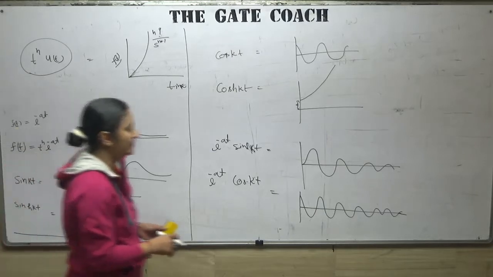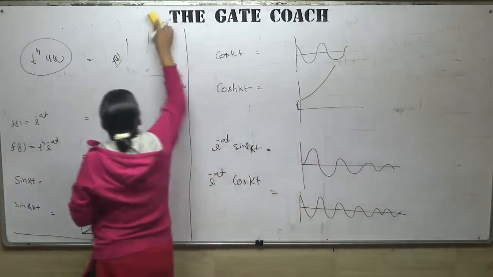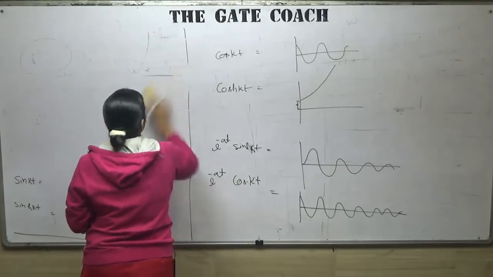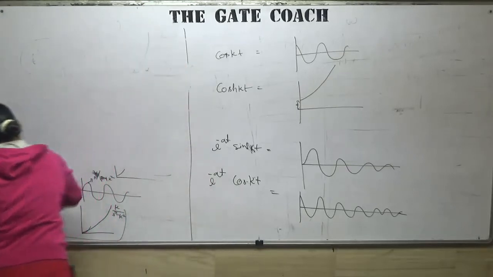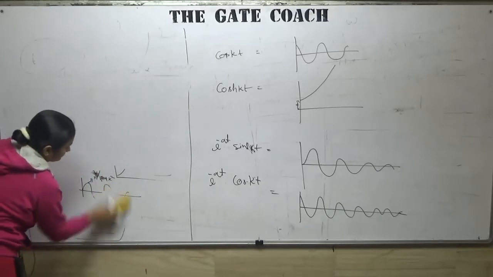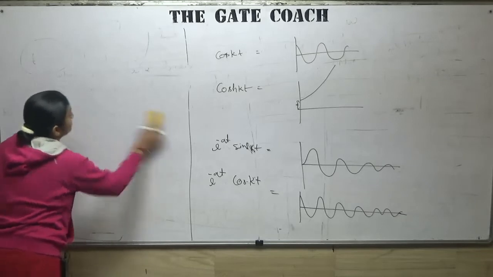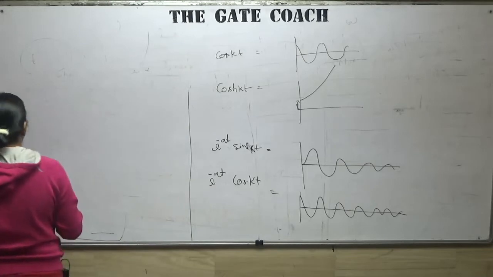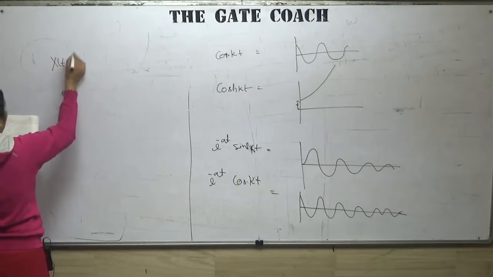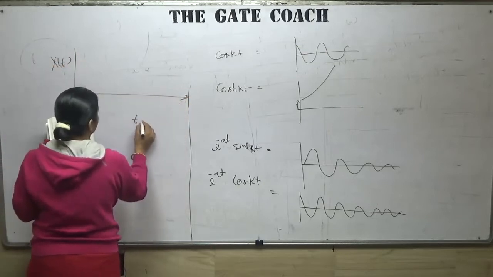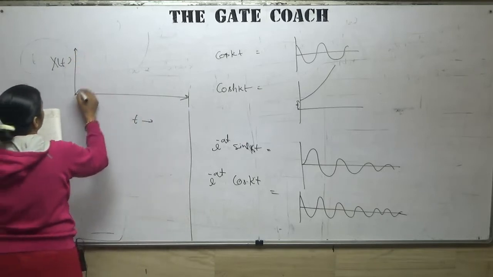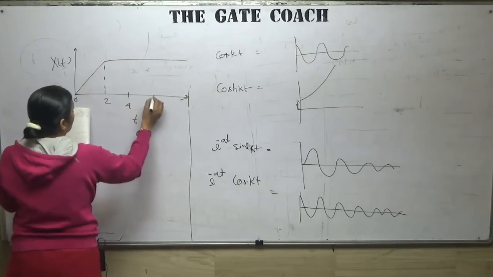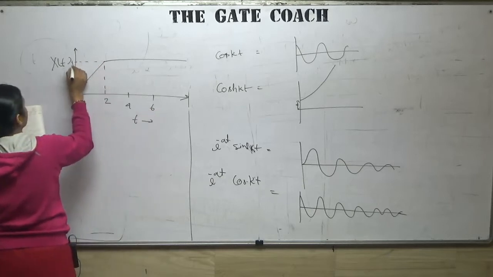Okay, we will take one example here. We will solve one GATE question. The question is, a graph is given to you, x of t versus t, with points 0, 2, 4, 6, and this one is 1.